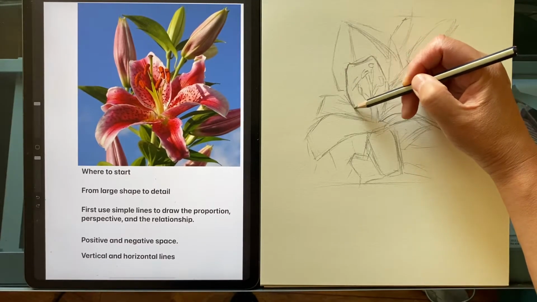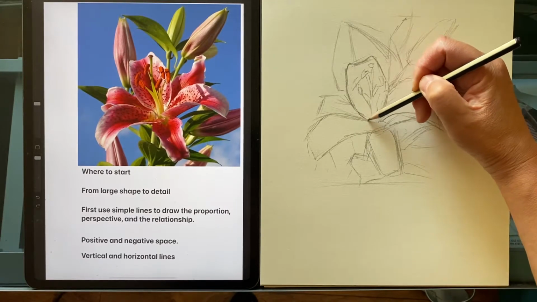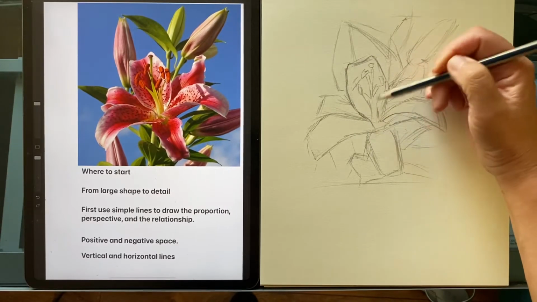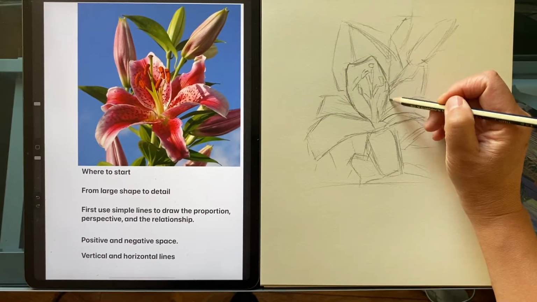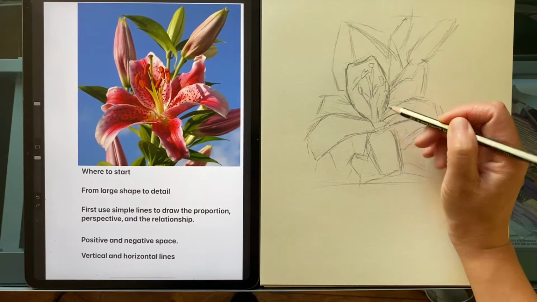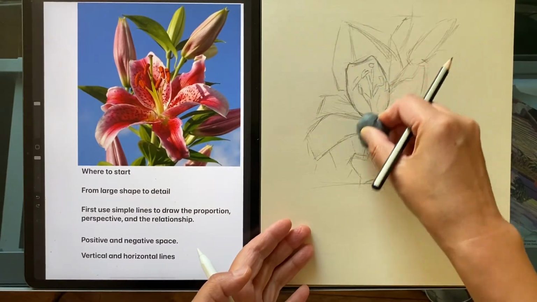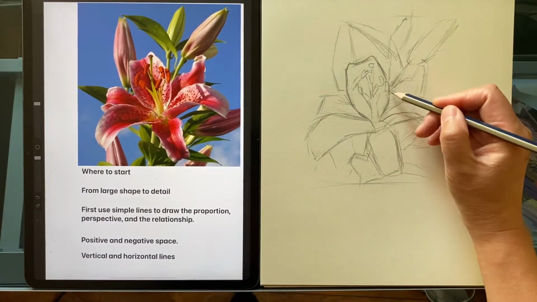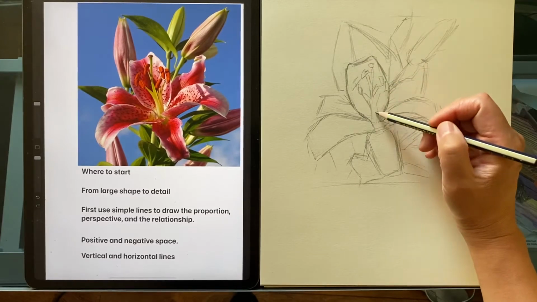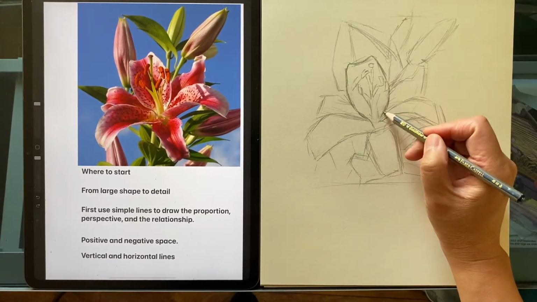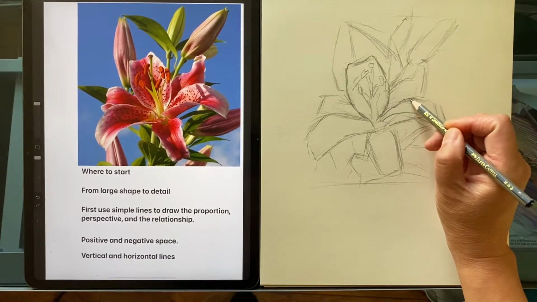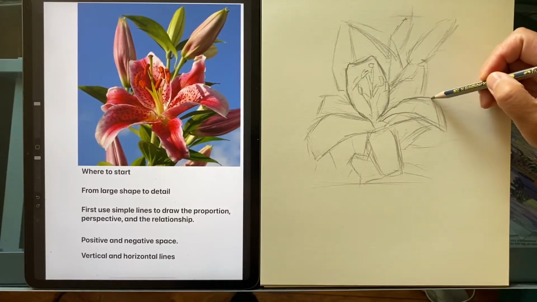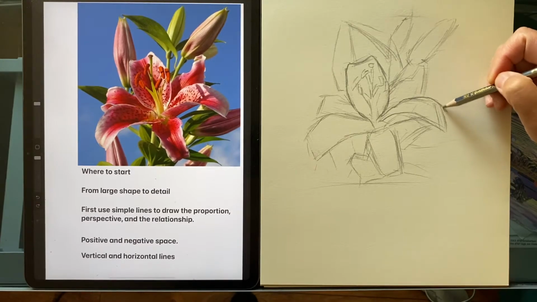Even if it's not exactly the place, it's not like you're going to trace it. You can still change it if you think it's wrong. But at least you have a general idea of where you're going to draw that, right? So yeah, then you see the more curves, like goes like that.